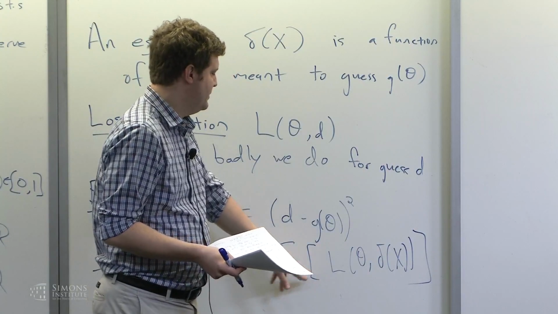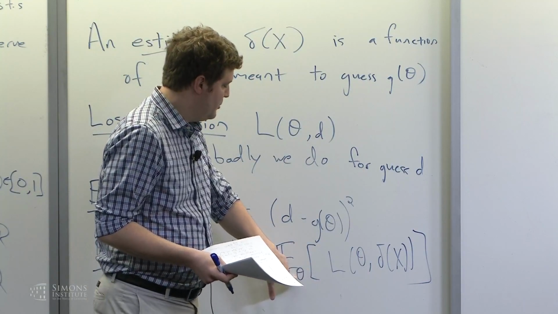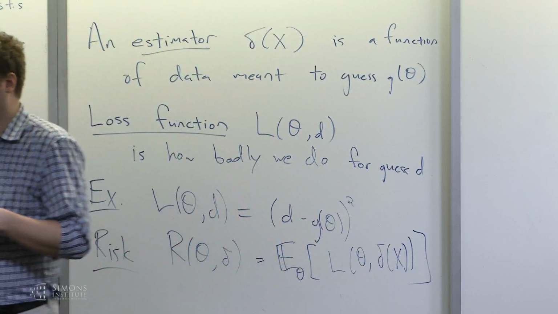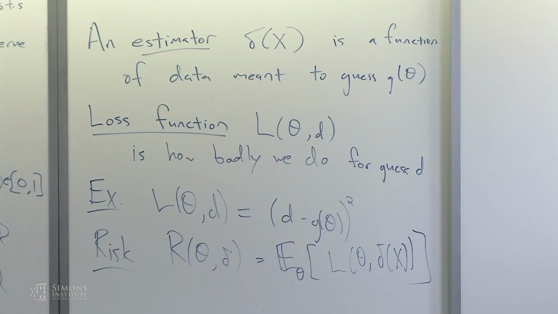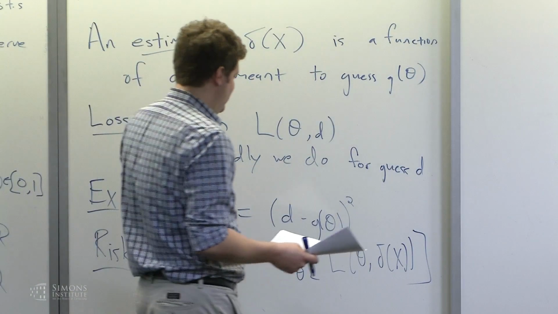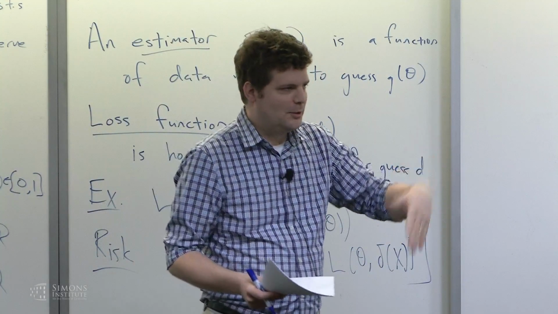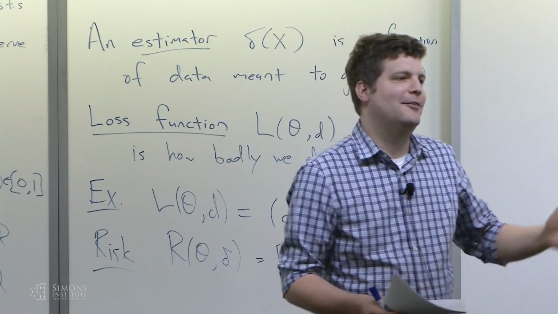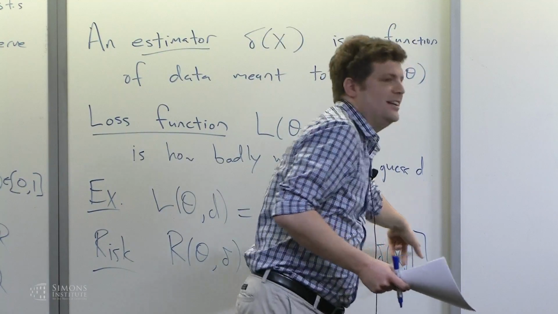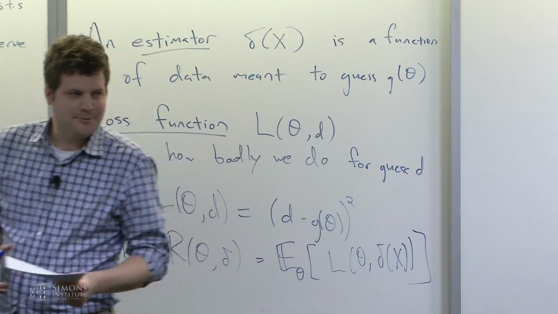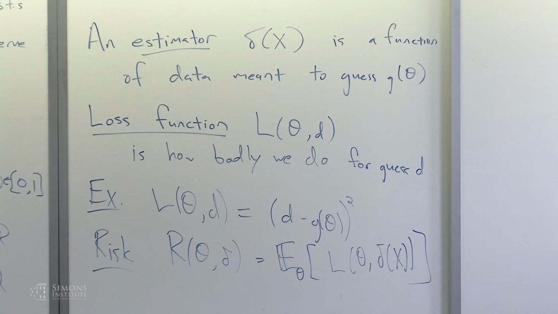But here, when I say E sub theta, the expectation doesn't have a meaning until I tell you what theta is. Expectation with respect to which measure? The measure corresponding to theta. And if there were anything that we didn't want to average over, then I would have to say I'm conditioning on it.